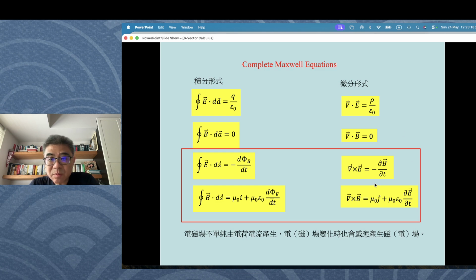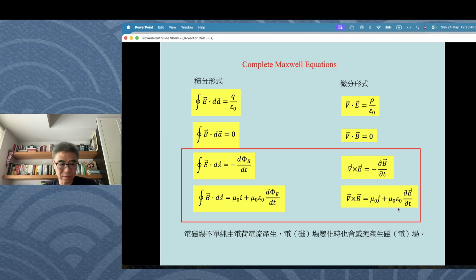However, there is a possibility that the changing magnetic field will generate an electric field, and the changing electric field will generate a magnetic field in turn. So the Maxwell equations in this form actually provide a mechanism by which electric and magnetic fields generate each other in vacuum without anything. That's the beauty of these two terms we just added.